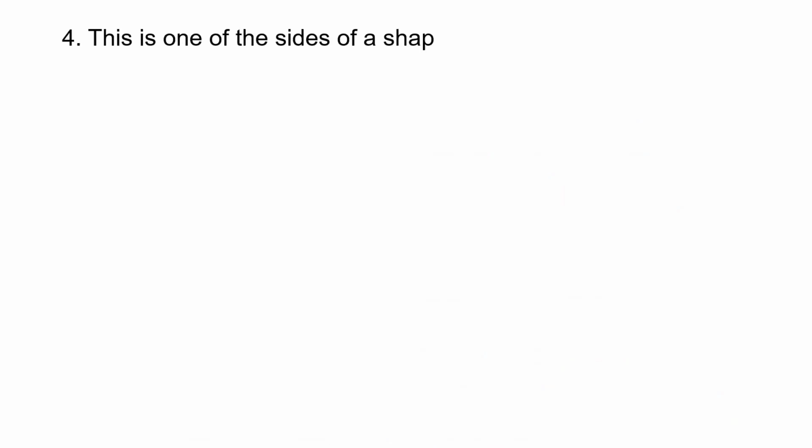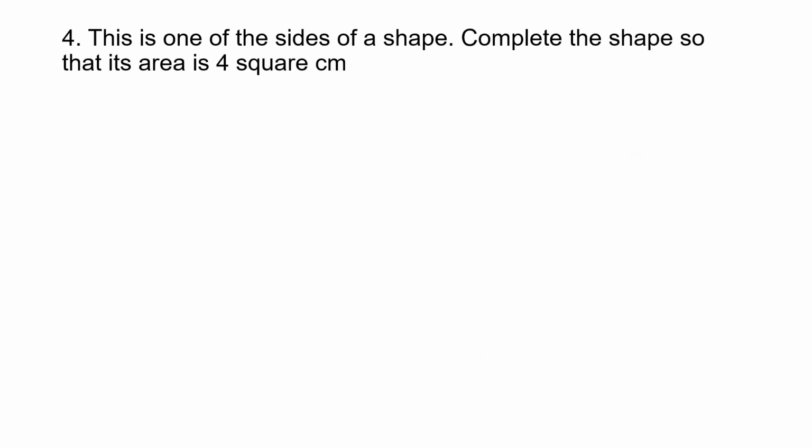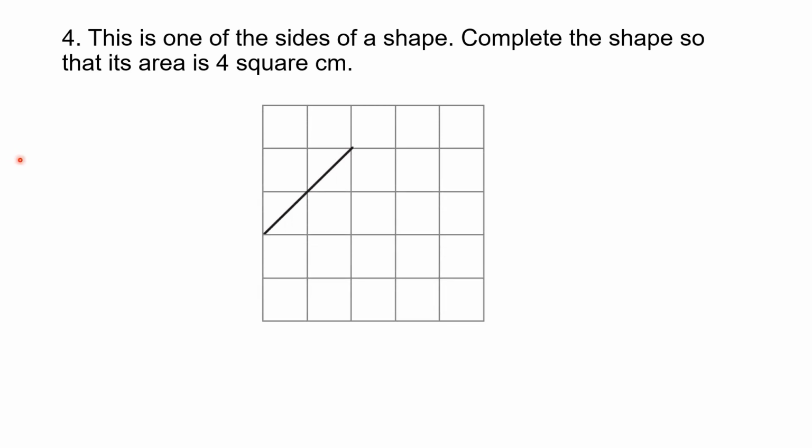Problem number 4. This is one of the sides of a shape. We have to complete the shape so that its area is 4 square centimeters. Let us complete the shape.